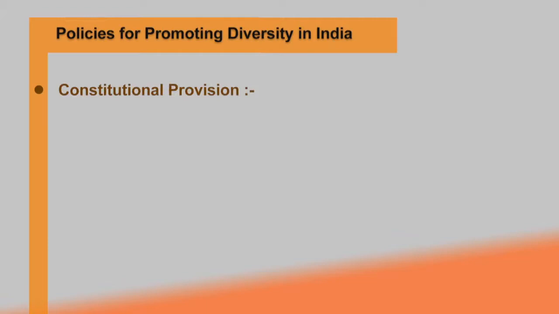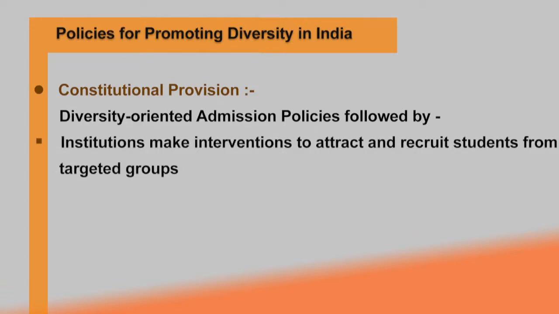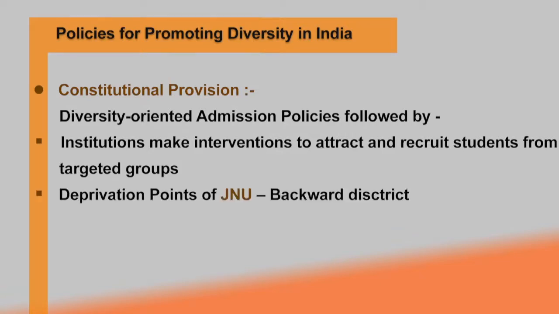In addition to the constitutional provision, there are some diversity-oriented admission policies that have been followed by some of the institutions in the country. Why are they doing that? This is an intervention to attract and recruit students from targeted groups. The first example is Jawaharlal Nehru University. JNU follows deprivation points.